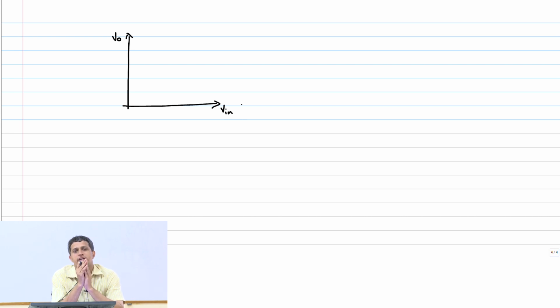First of all, how will the VTC of this long channel device look like? Rather, what will be the slope at the trip point? What is the slope G at the trip point?